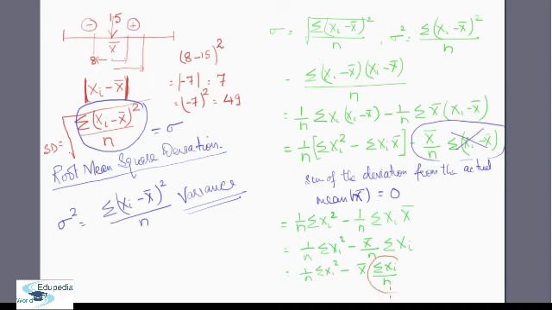Summation xi over n is nothing but the arithmetic mean. Therefore, we can write this further as 1 over n summation xi square minus x bar multiplied by x bar. This we know, arithmetic mean is equal to x bar. Therefore, we can write x bar square.